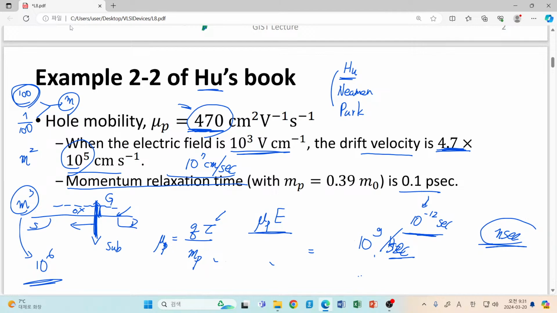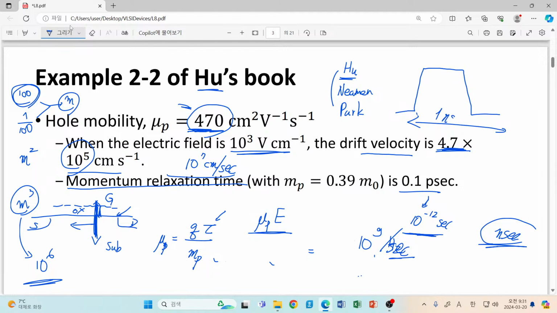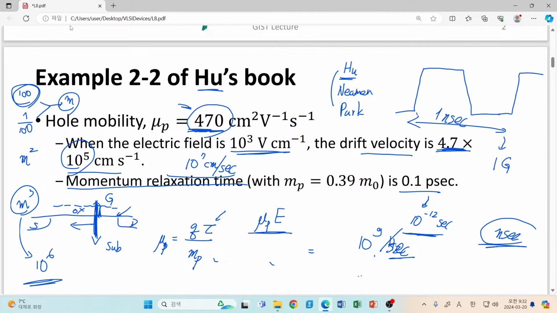For example, you just apply a certain pulse whose duration is, in this case, just 1 nanosecond. If you have a pulse whose period is 1 nanosecond, then you would say this system is operated with a 1 gigahertz clock signal.